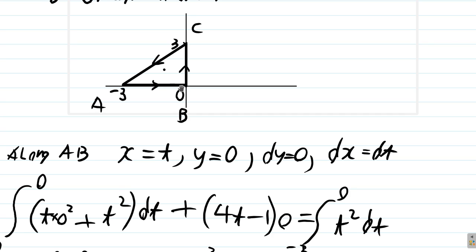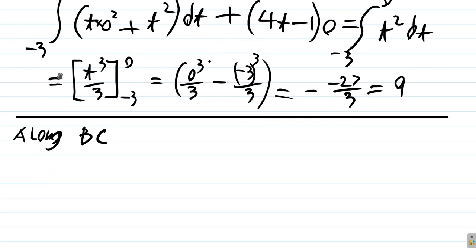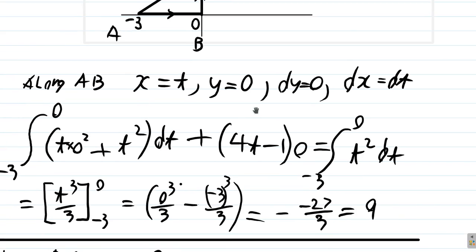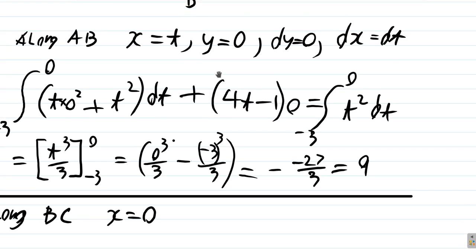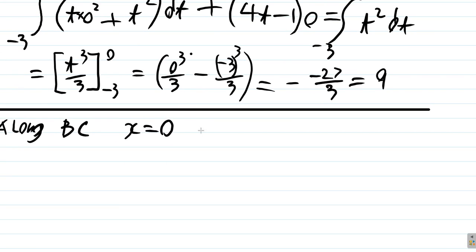This is x equals 0. And then y changes as you move up, but you're moving along the y-axis, which is the line x equals 0. So x is 0. Now, it didn't move left or right. It went straight up. So there's no change in x. So dx is 0, right?